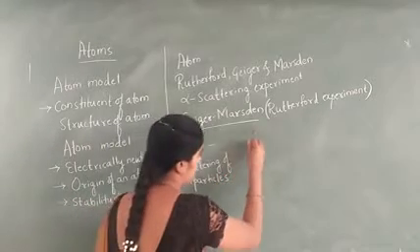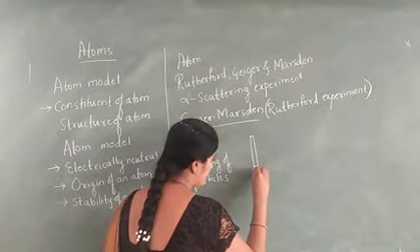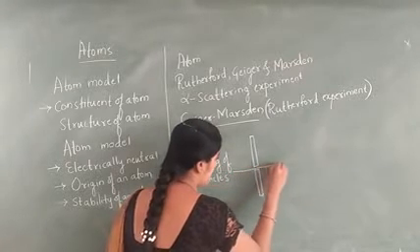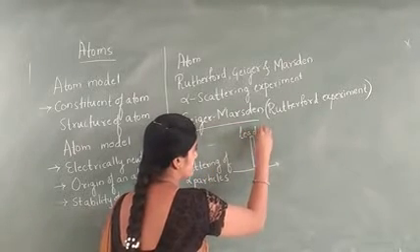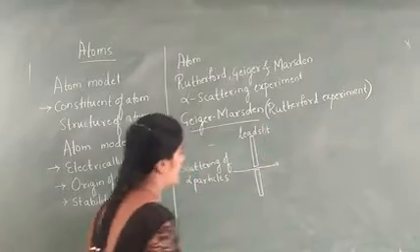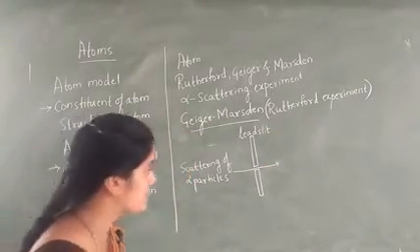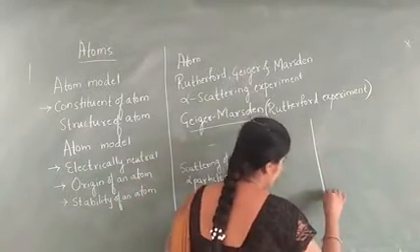And here we are considering the lead plate, and here our alpha particles are moving. This is your lead plate. Here the alpha particles are made to pass through the lead plate. Here we are considering the gold foil.